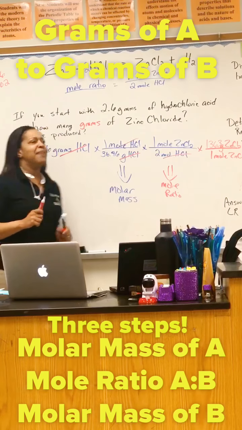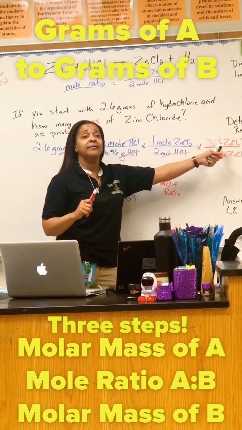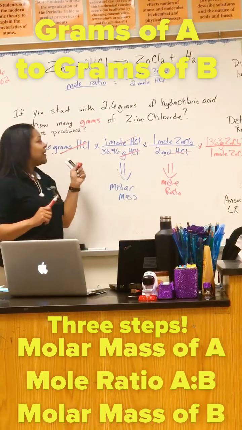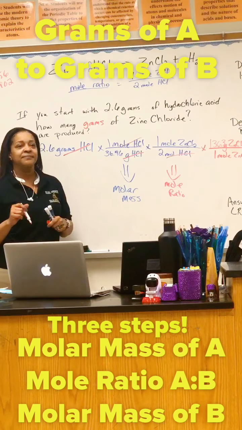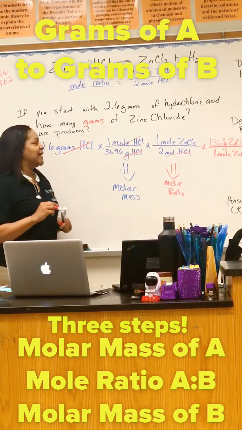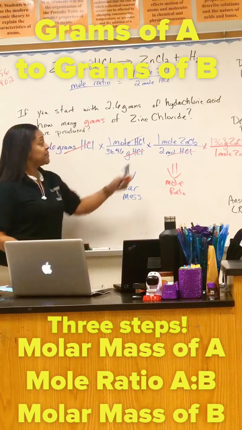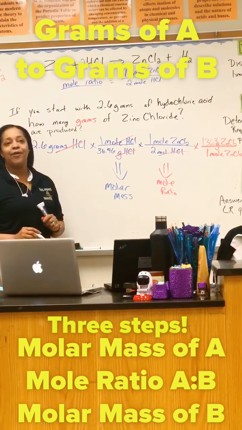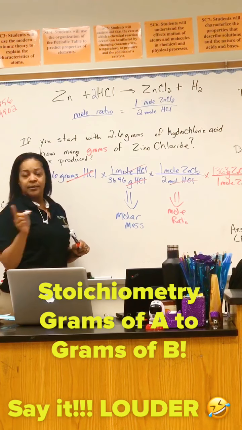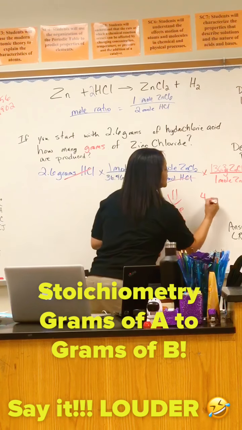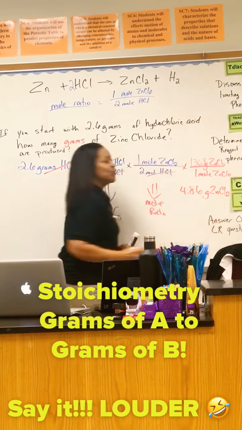So now we have to do the math again. 2.6 times 136.3 divided by that number that Anaya said earlier, 72.9. And we will then have the grams of zinc chloride for our answer. Is what? 4.86 grams of zinc chloride.